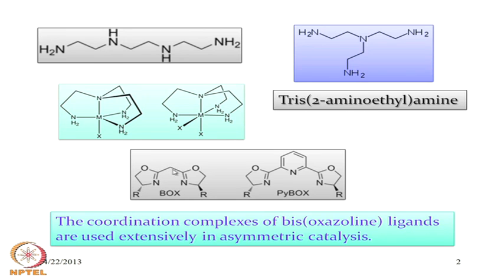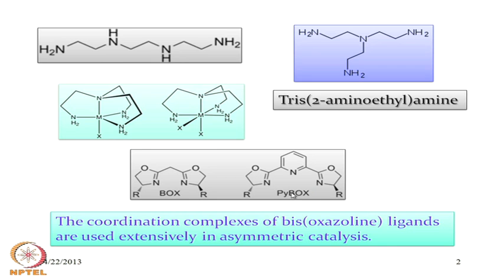So, from this methylene backbone, the CH2 backbone, if we just move to a pyridine backbone, the pyridine ring can be utilized for functionalization from its 2 and 6 positions with the use of two oxazoline rings.